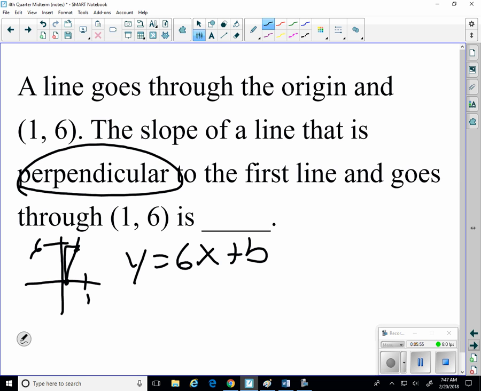It crosses at the origin, so b is 0, so y equals 6x plus 0, or we can just leave it like that, is the equation of the line.